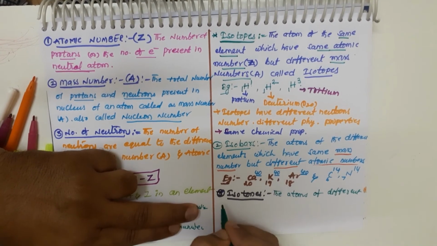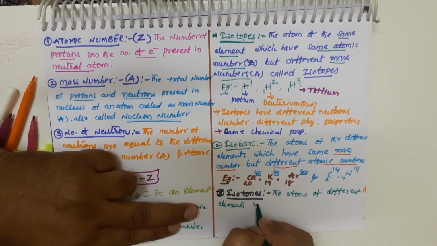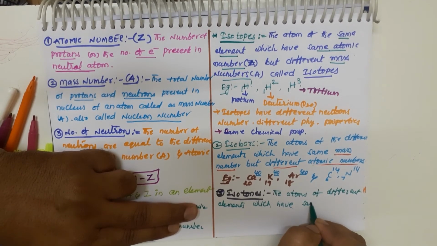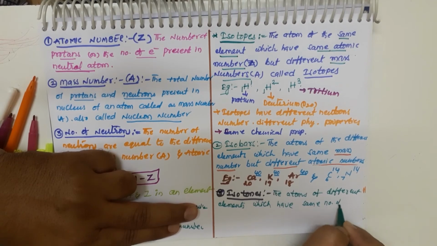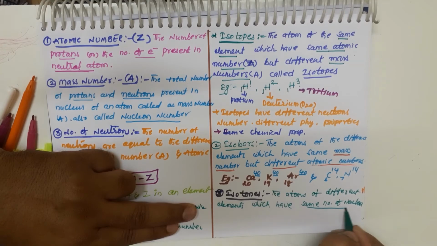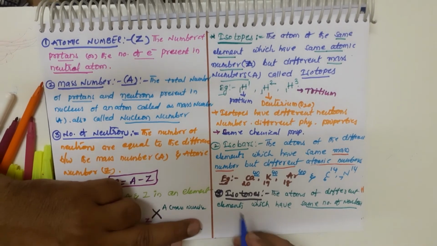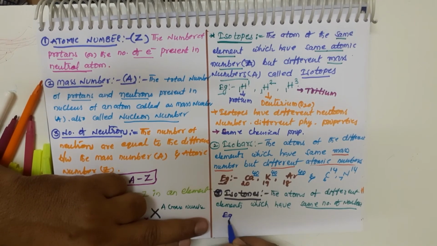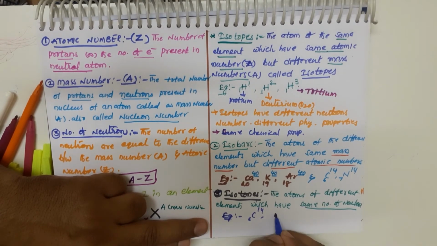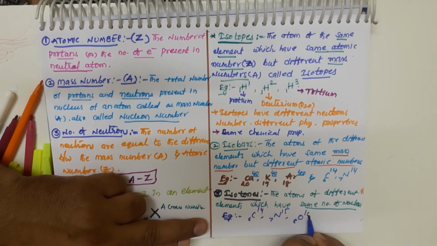The atoms of different elements which have the same number of neutrons are called isotones. Okay students, write this down. Examples for isotones are C614, nitrogen 715 and oxygen 816.